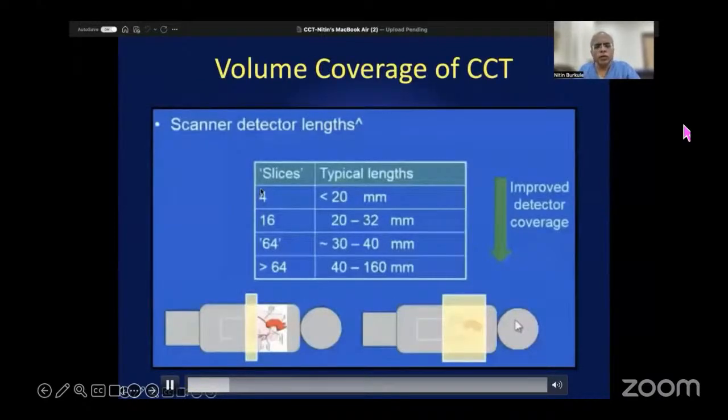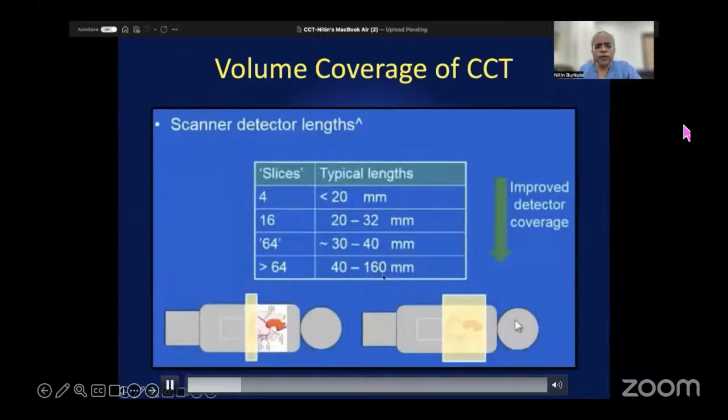If we look at 4 slice, 16 slice, 64 slice, or more than 64 slice, the typical length covered with a gantry rotation is less than 20 millimeters, or between 20 to 32 millimeters, or around 40 millimeters for 64 slice, and 160 millimeters with the 320 slice scanner.